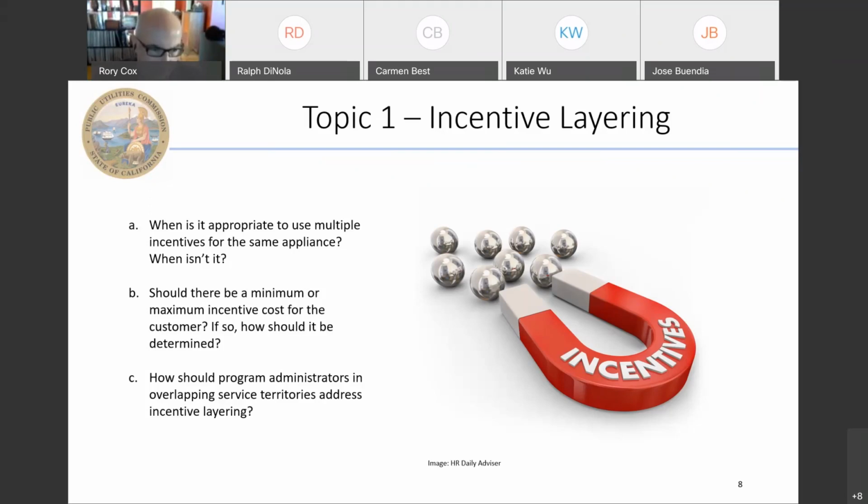Should there be a minimum or maximum incentive cost for the customer? Or another way to say that is, how much skin in the game should the customer have for an appliance? And if so, how should that be determined? And the last one is, how should program administrators in overlapping service territories address incentive layering? Next topic.